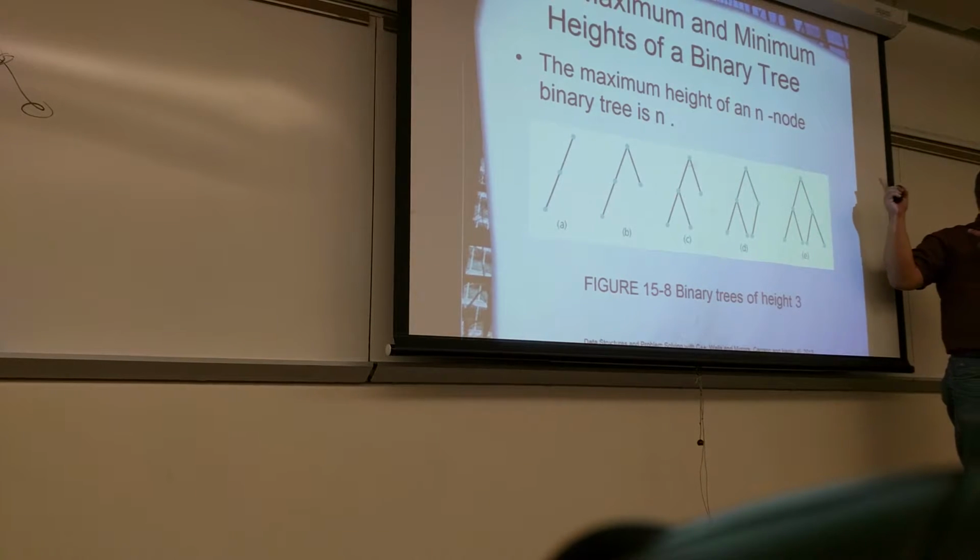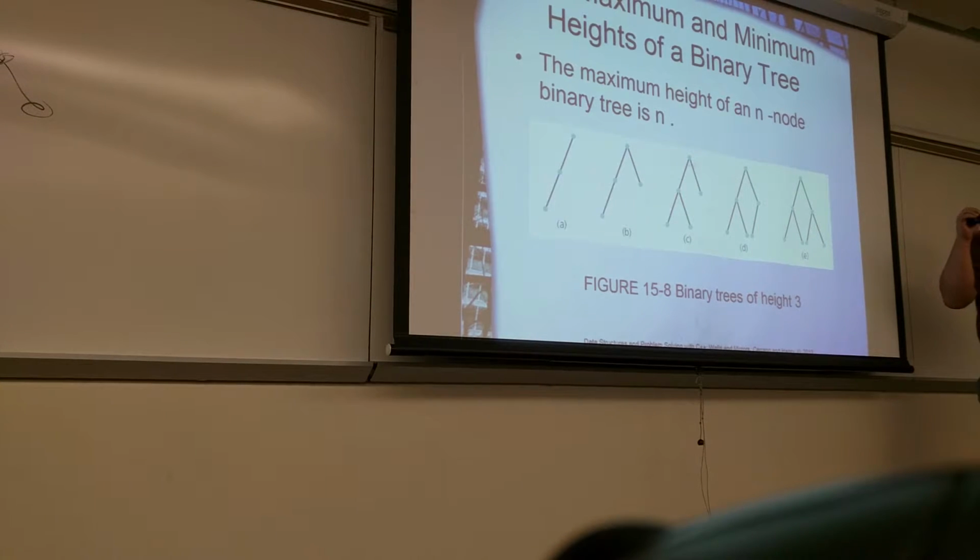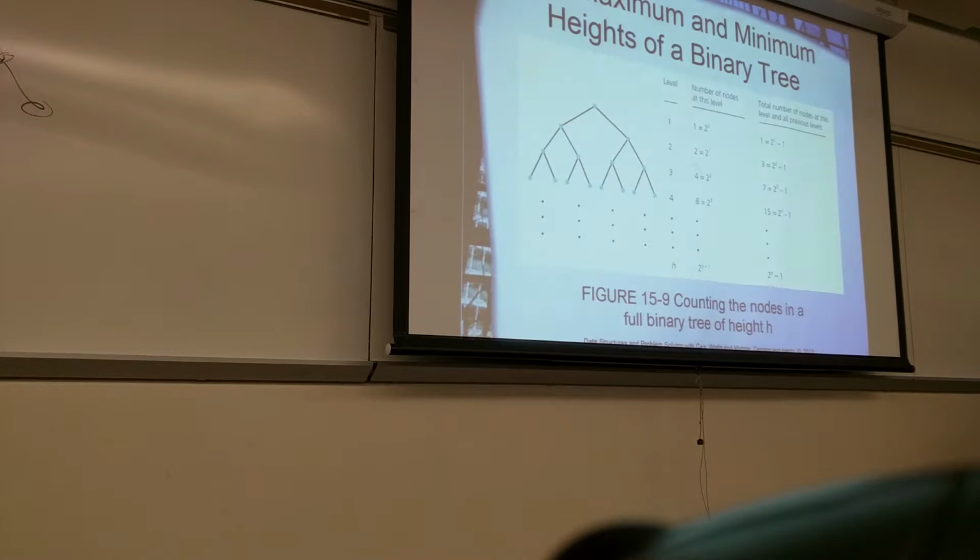I mean, it's true because I said it here, but you believe it. Yeah, so that's our vine, right? That's just a vine of just this, all the way down. That's not a very nice tree, but it is a tree.